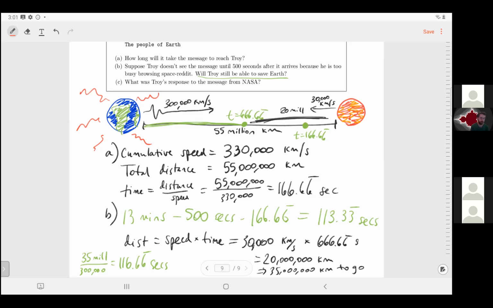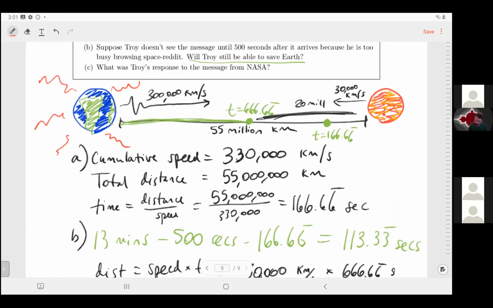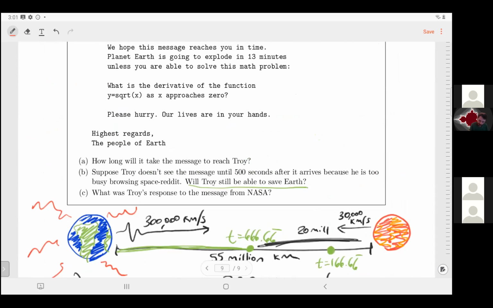All right. Part C is kind of interesting. So let's talk about that. Part C is, what's the answer to this question? Does anyone have a guess what the derivative of the square root function would be as x gets really, really small?